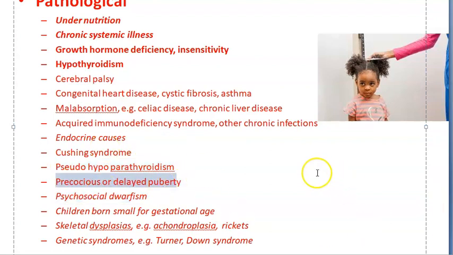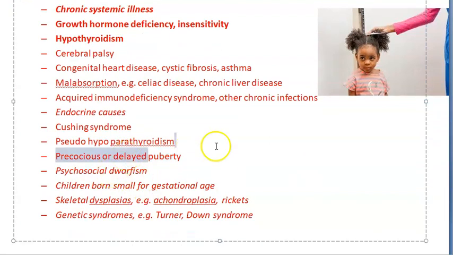Then let's continue. Precocious or delayed puberty. Precocious means early, right, and delayed puberty. Either of this can happen and that can lead to short stature. Psychosocial dwarfism means what? Because psychosocial means baby is not getting enough attention, the people are ignoring it, some kind of a behavioral thought kind of a dwarfism looks like, right?